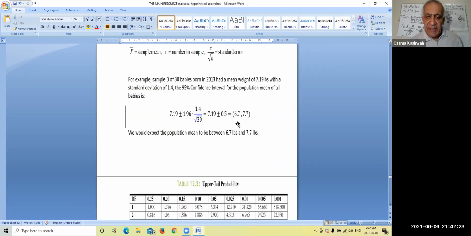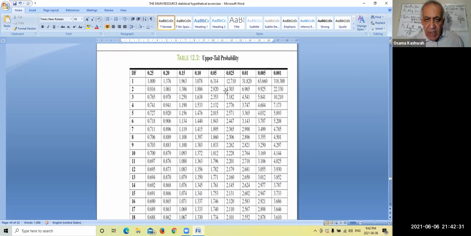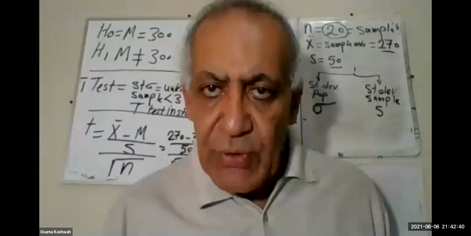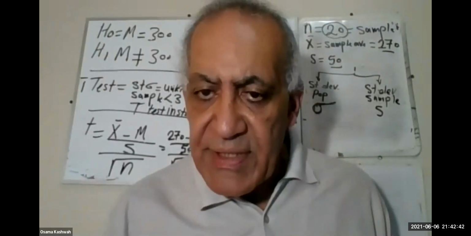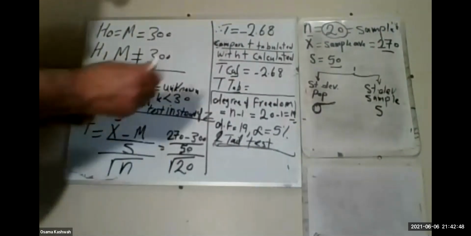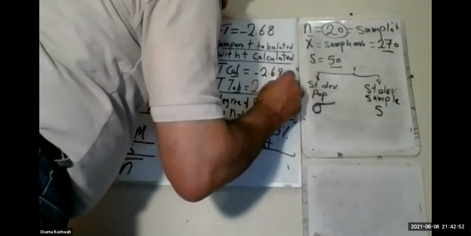Let us see here, 2.093 on 19. Under 0.025, like I told you, 2.093. Let us see it back. Then T tabulated, I will write it in red, 2.093.